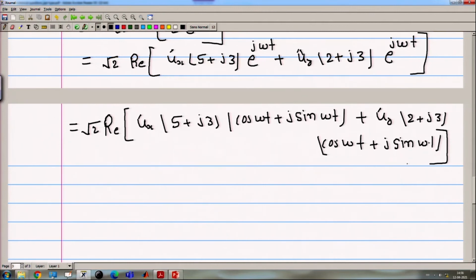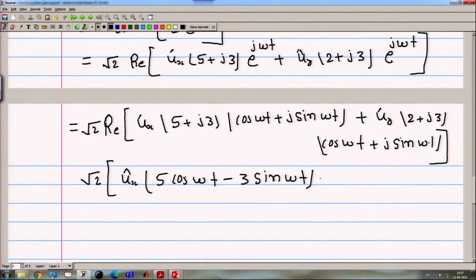So, here we can extract the real part. So, real part will be root 2, so it will be outside in the bracket, ux (5 cos omega t, and here j square is equal to minus 1, so minus 3 sin omega t). So, this will be the only real component from the first part.